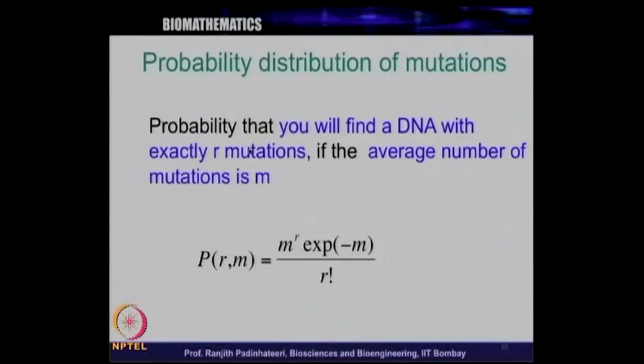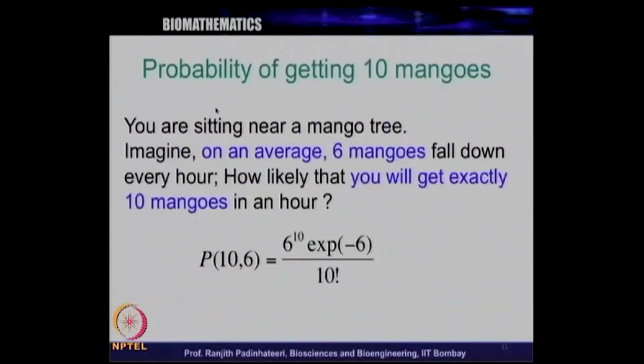Now, we can think about the probability of getting mangoes. So, let us say that you are sitting under a mango tree and you see that mangoes fall down. Every day you go and wait for 1 hour near a mango tree and you see that some number of mangoes fall down.